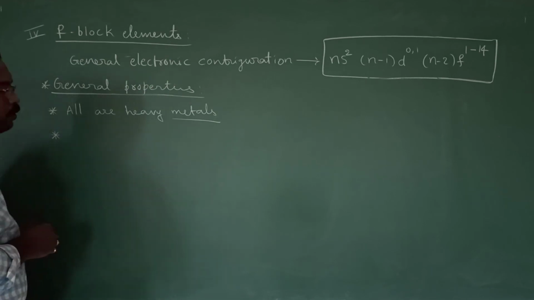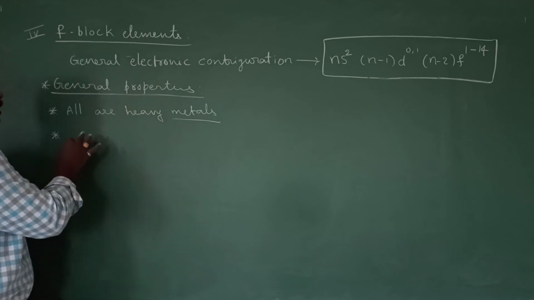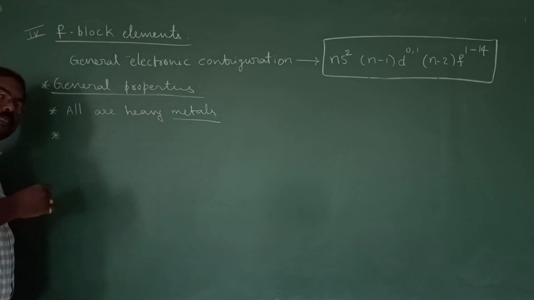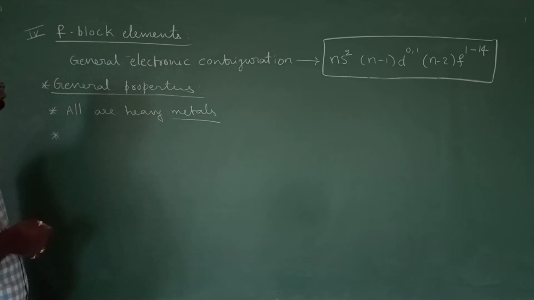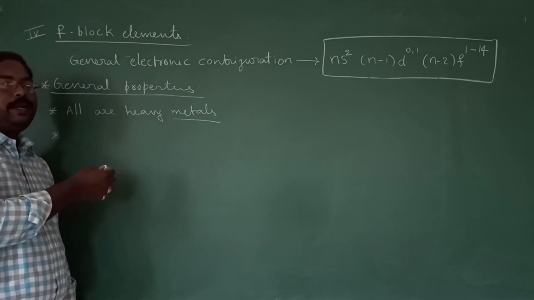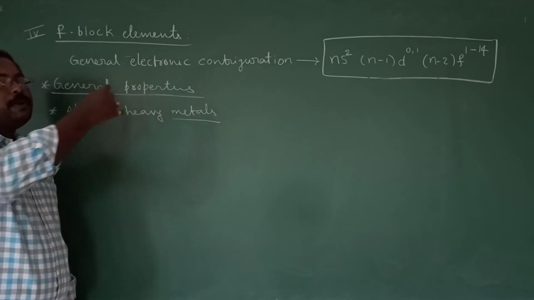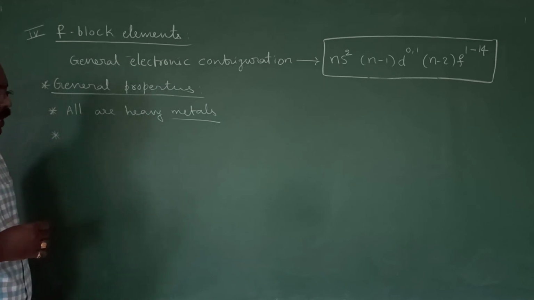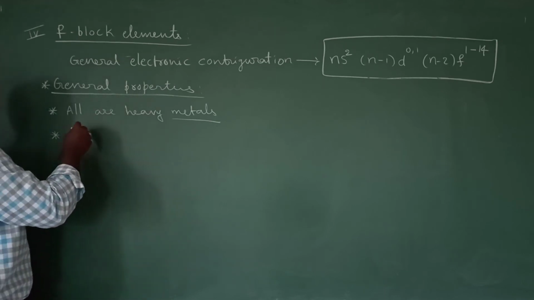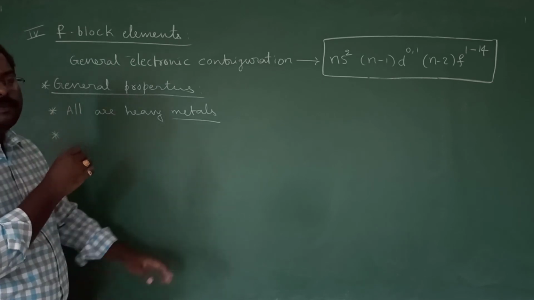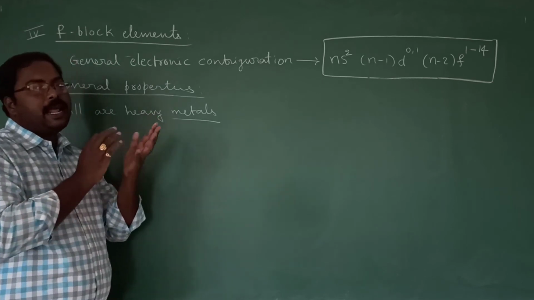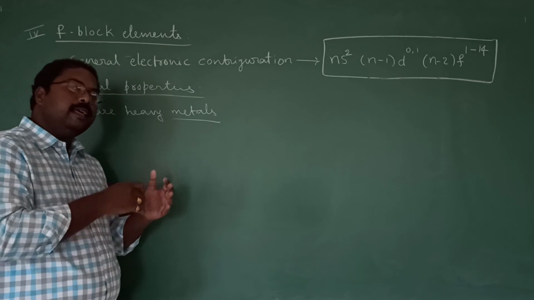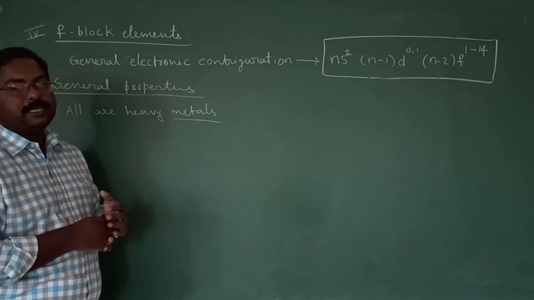One more important note: these are also electropositive elements, and they are reactive metals. But if you observe the reactivity, compared to S block and D block, these are somewhat less reactive. Even the common properties are the same. Being metals, they are malleable, they are ductile, and they act as good reducing agents.